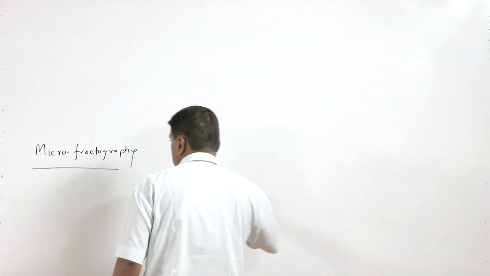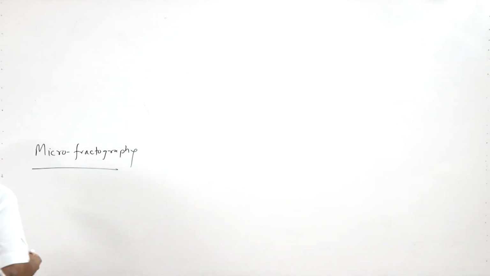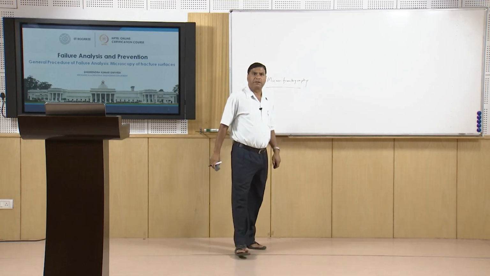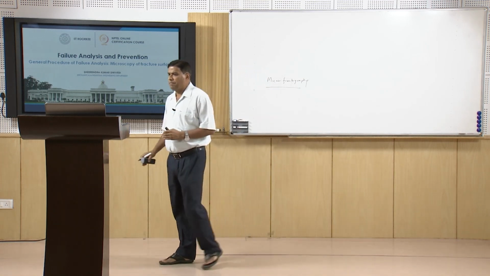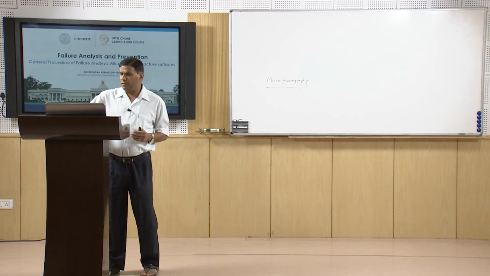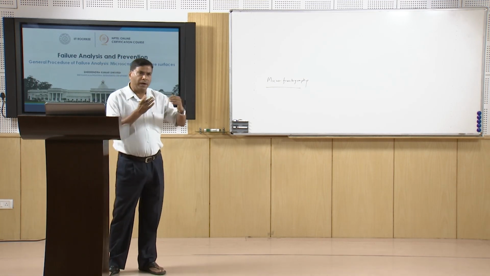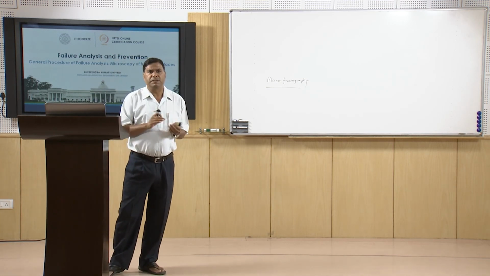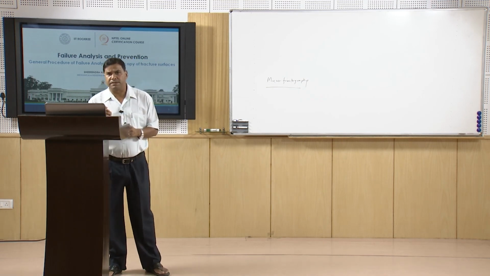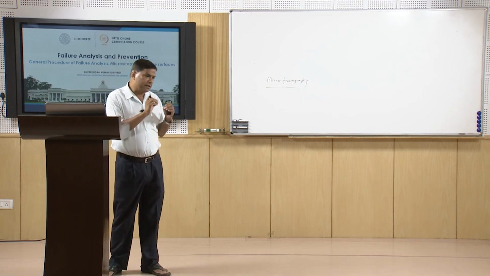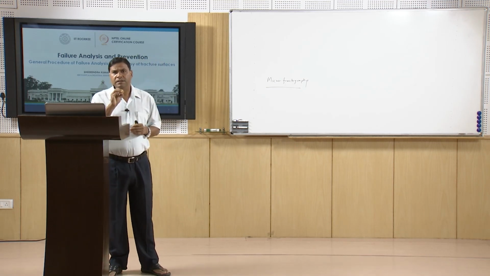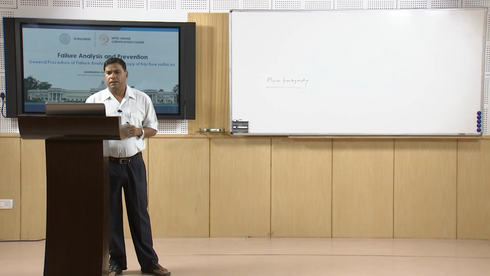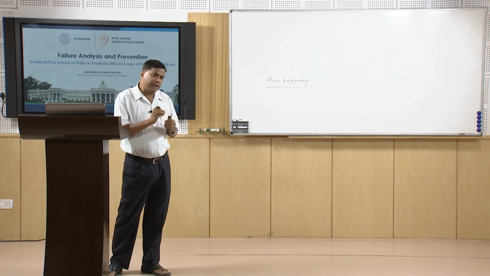There are certain purposes of microfractography which are achieved through this step. The first one is to identify or determine the microscopic fracture mechanism, which may involve the formation of dimples, cleavage facets, an intergranular fracture surface, or fatigue striations.